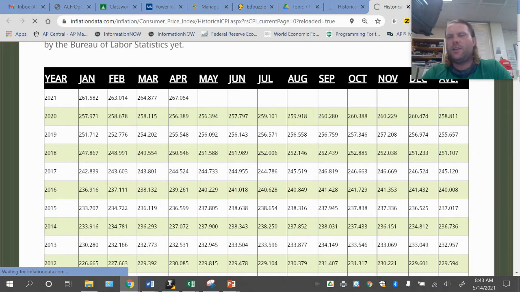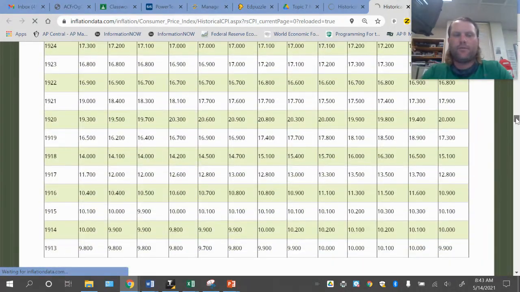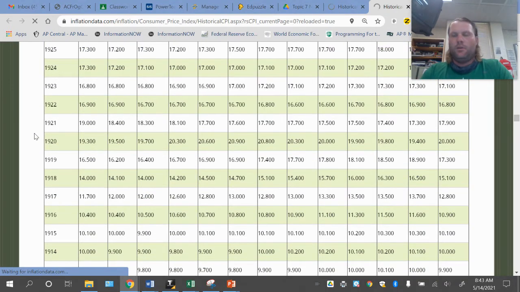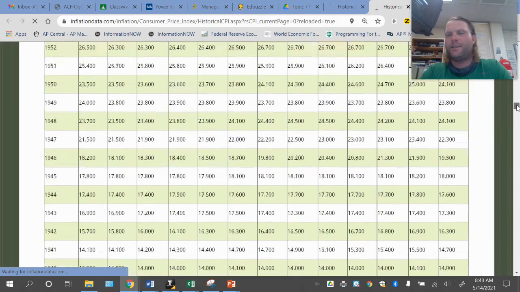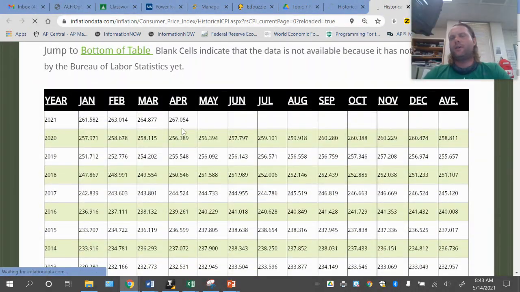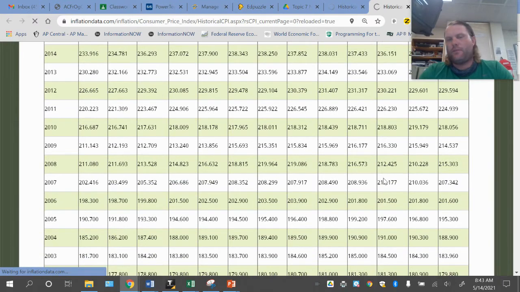You can wrap your head around it a little more rather than saying, oh, 3% per year. How do you figure that out? They started way back in 1914 again, with just an even $10. And so $10 in 1914 is the same as $267 today.